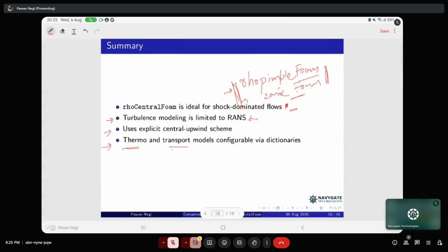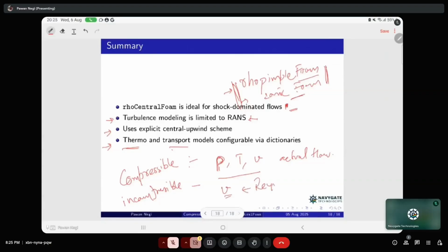Apart from this, you should note that in case of compressible flow, you should have the pressure, temperature, and velocity of the actual flow. Why am I saying this? Because in case of incompressible flow, you can have the velocity set according to the Reynolds number of the flow. You can change the dimension of the problem.